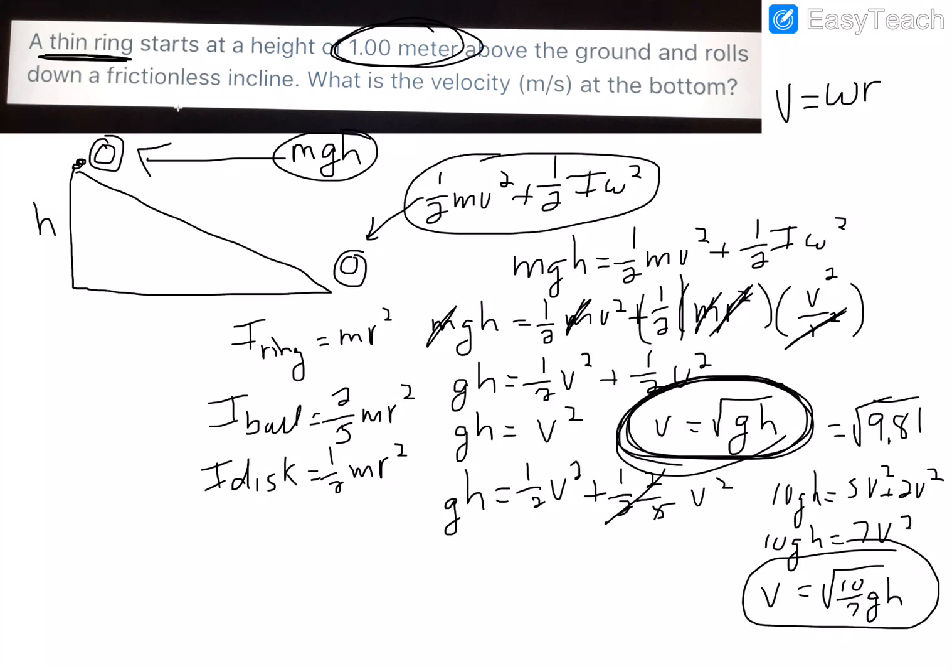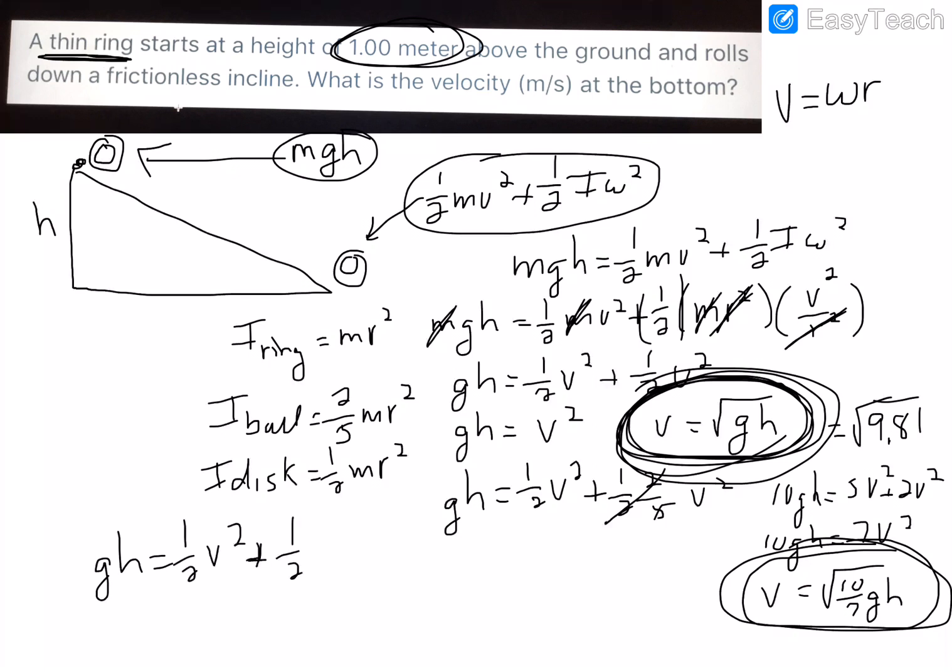So square root of gh was a thin ring. Square root of 10/7 gh would be a ball. What would a disk be? Okay, so for a disk, you'd have gh equals 1/2 v squared plus 1/2, and this time you'd have another 1/2 as your fraction of v squared. You should probably go through all three of these and write it out so it's a little bit more clear.